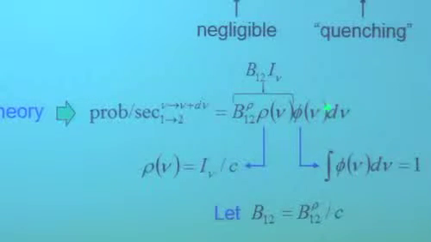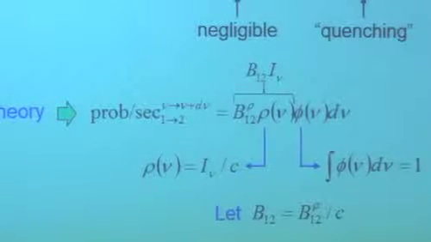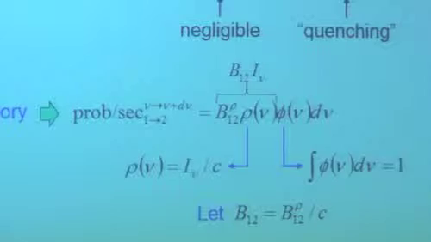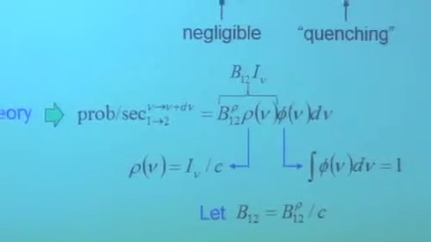Depending on the width of d nu, that's the fraction of the integrated area, which is the one line I have. So Einstein theory gives me the probability per second of this happening, and it's linearly proportional to the intensity. Now it's making some sense. It's quite similar to what we did before.